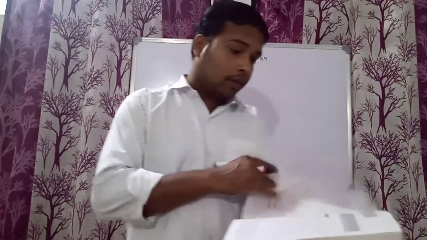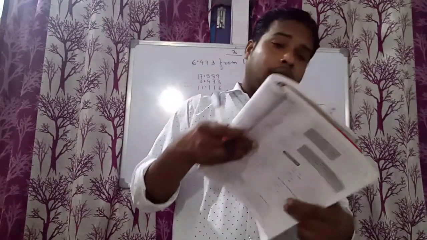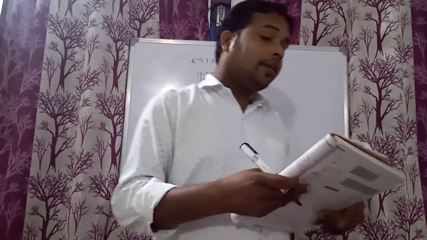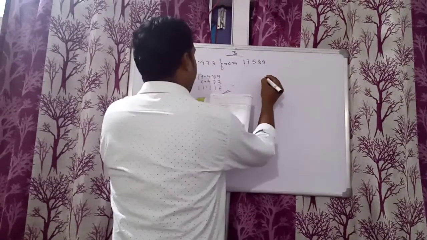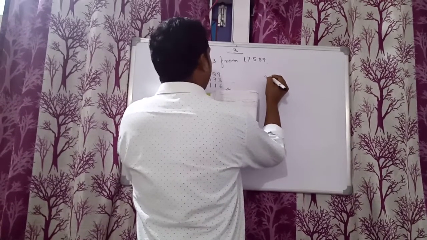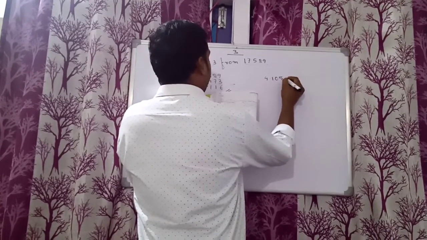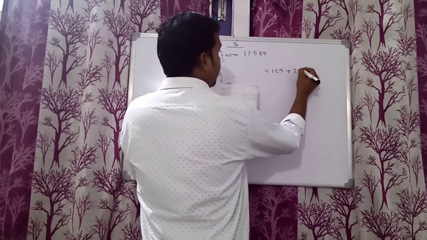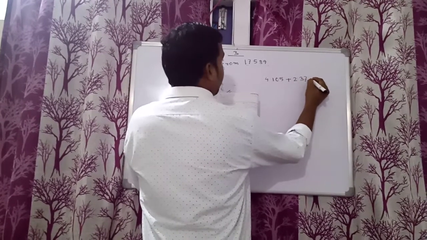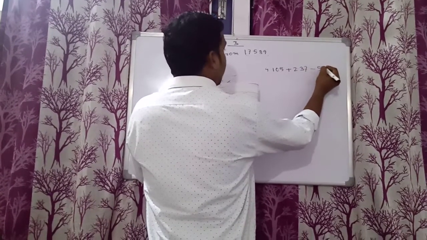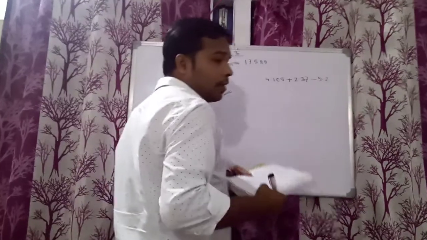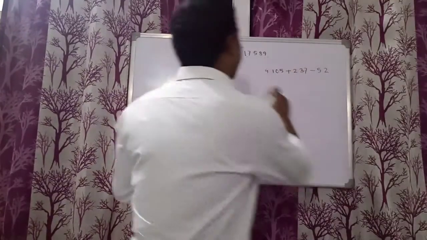Then see question number 3. First one is simplify 4.105 plus 2.37 minus 5.2. That means first you have to do this add.